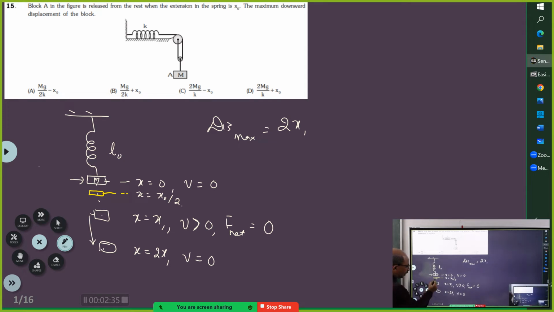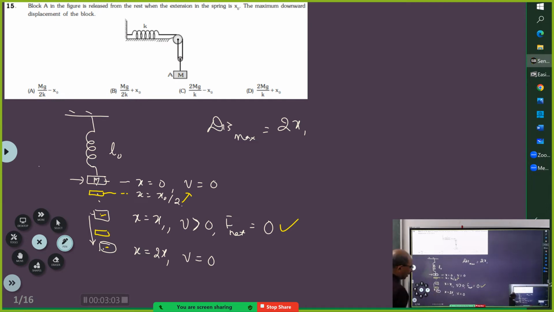Now this will once again come to this position, so this condition will be satisfied. Even at this position, velocity v is equal to 0 because I am holding my hand. Now it will continue to come to this position, and then will it come to this position? No, it will stop at this position.